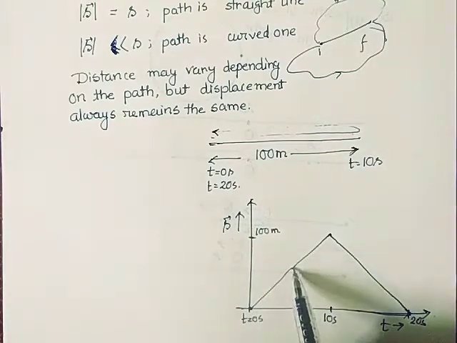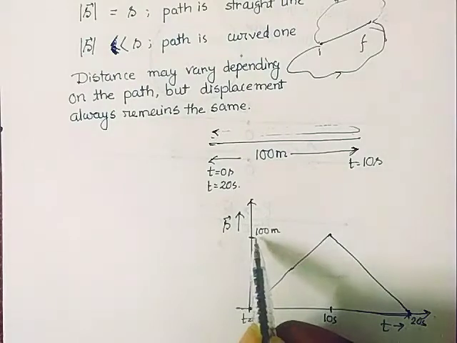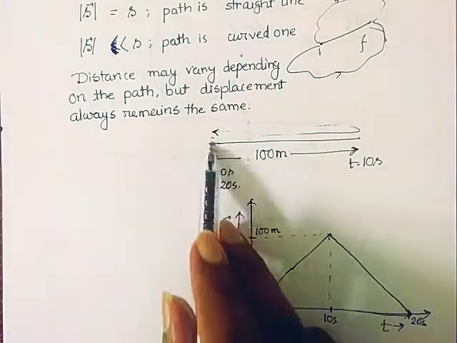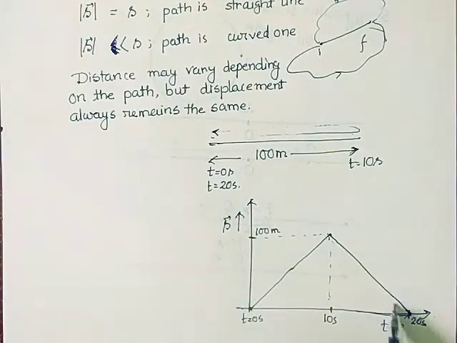So the displacement versus time curve shows this: from t equal to 0 it starts from 0, at t equal to 10 the displacement becomes 100, and then it returns back. This is the displacement versus time curve.